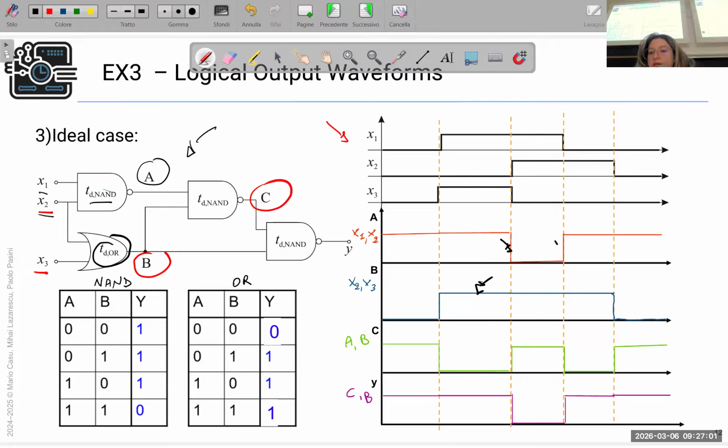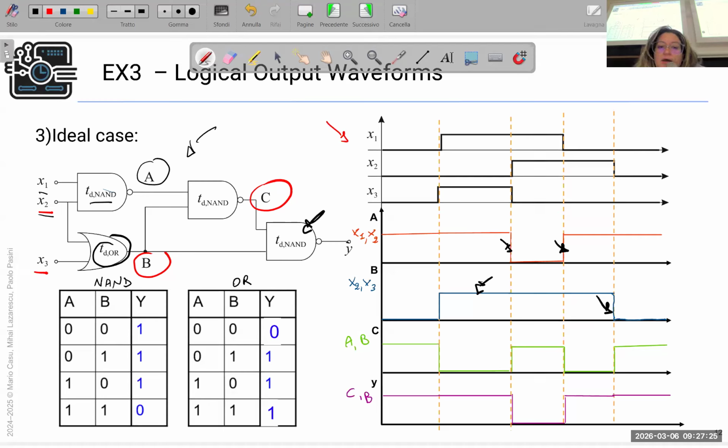Then we have a changing here, and so is 1 and 1, 0. And then we have a changing here, so 0 and 1, 1. It's clear? Okay.